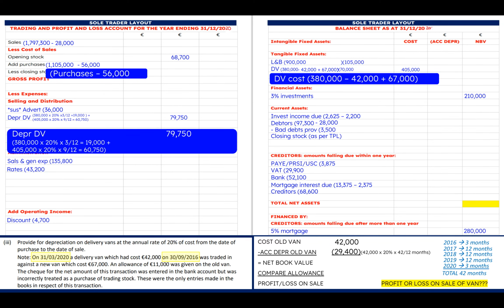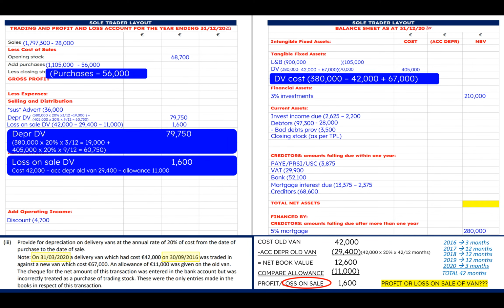So at the time of sale, the sole trader valued the van at 12,600. Unfortunately, they only got 11,000 for it, so they made a loss on sale of 1,600. That is going to go into the selling and distribution expenses.